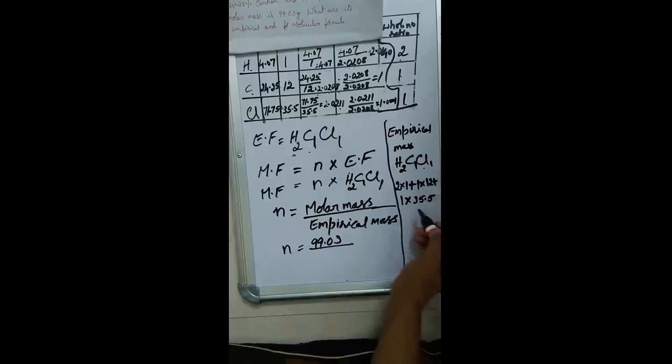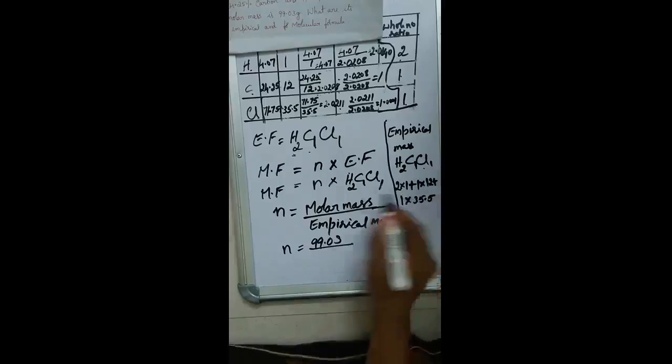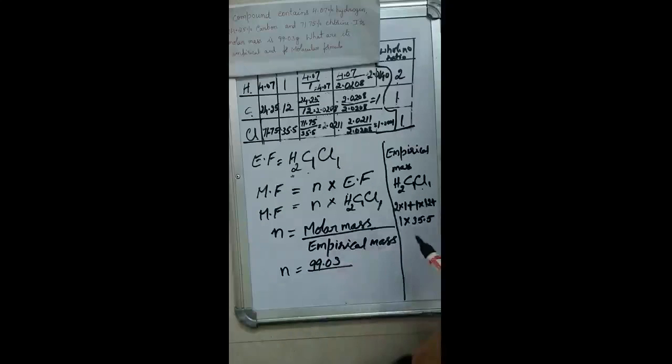What is the answer you will get? 2 ones are 2, plus 12, plus 35.5. With the help of a calculator, you can calculate easily. The total answer is 49.5. I hope you understood how to calculate empirical mass.